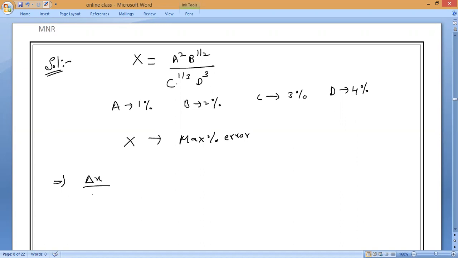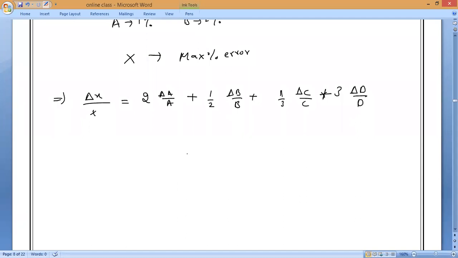Just now we have written delta X by X is equal to 2 into delta A by A, plus 1 by 2 into delta B by B, plus 1 by 3 into delta C by C, plus 3 into delta D by D. But they have given percentage error in the question.